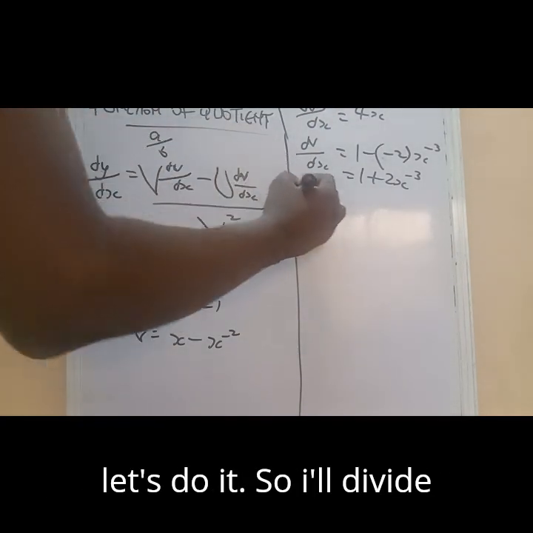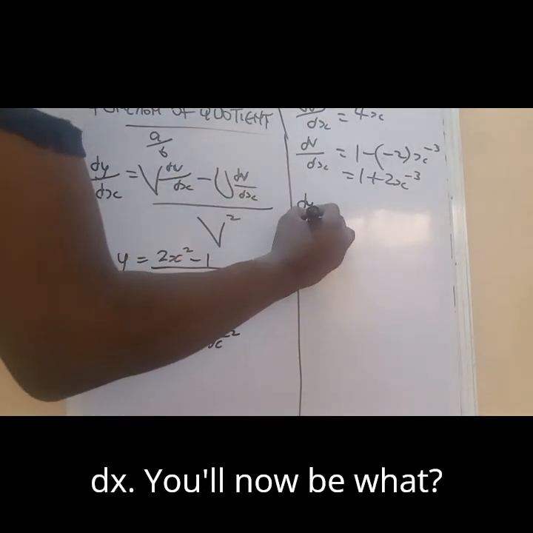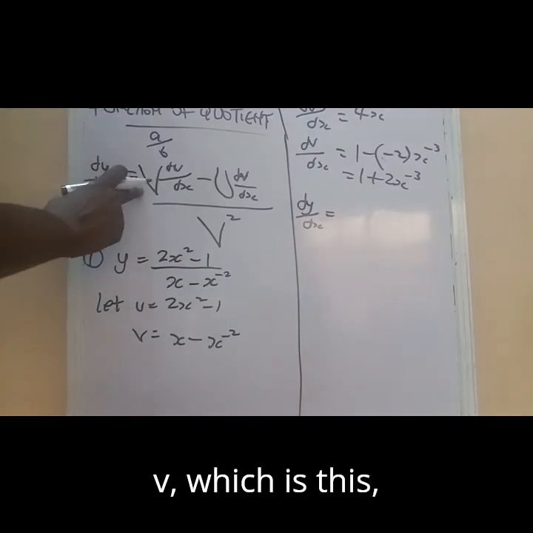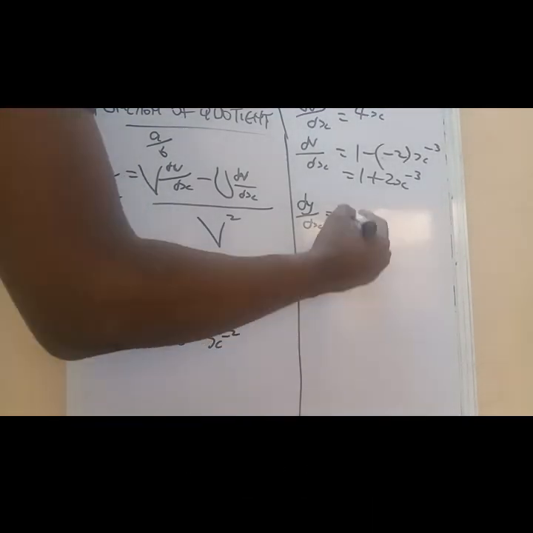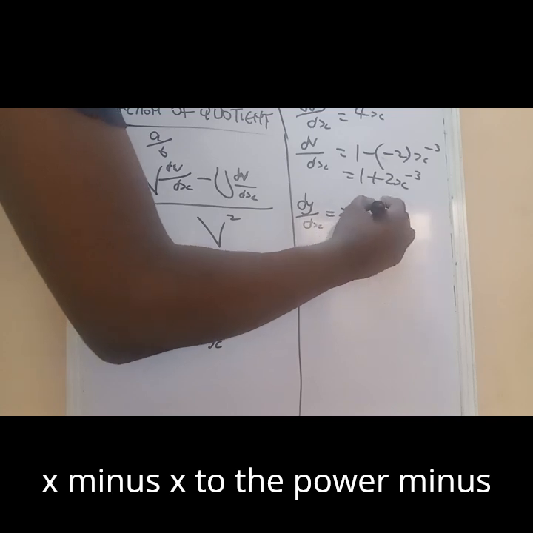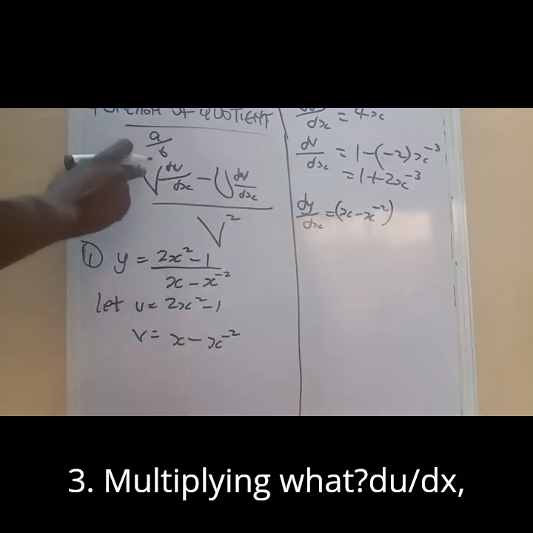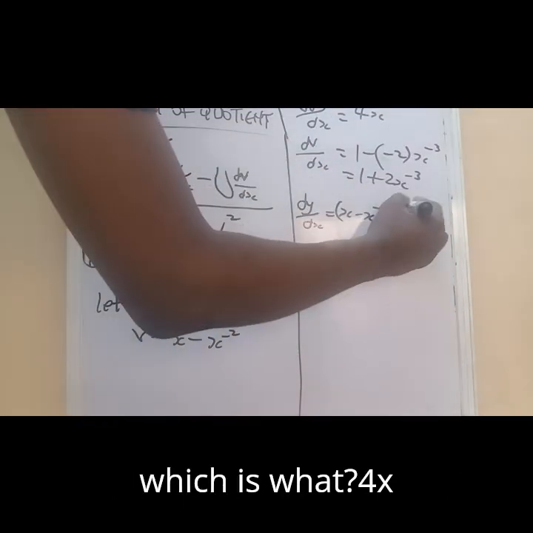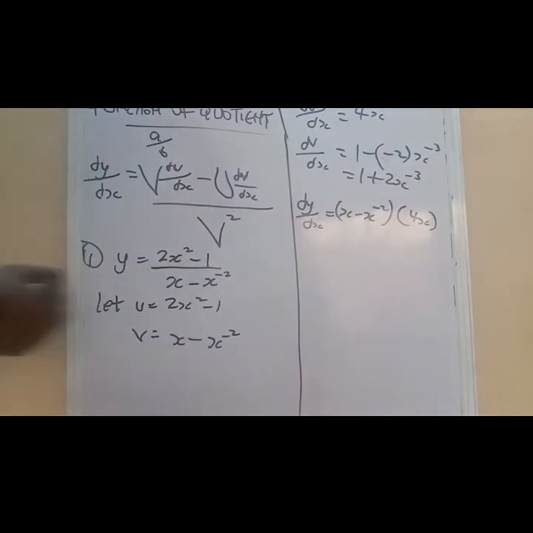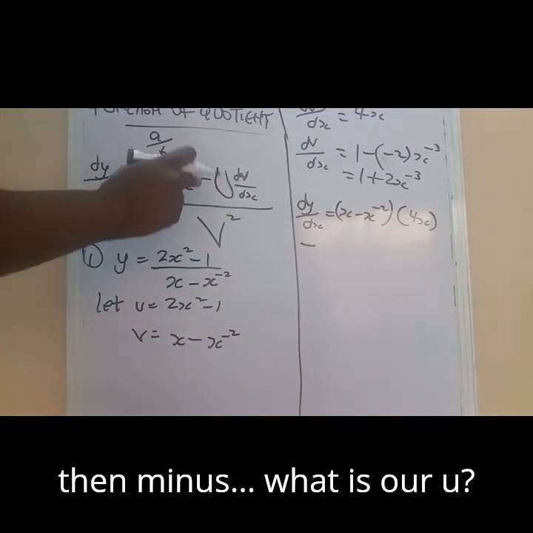So let's do it. Our dy dx will now be v, which is this, x minus x raised by minus 2, multiplying du dx, which is 4x. Then minus, what is our u?